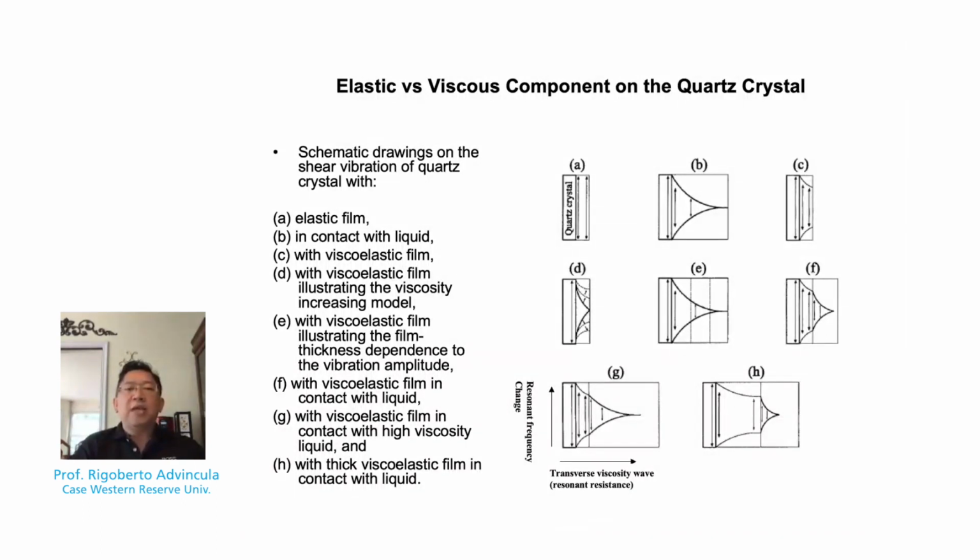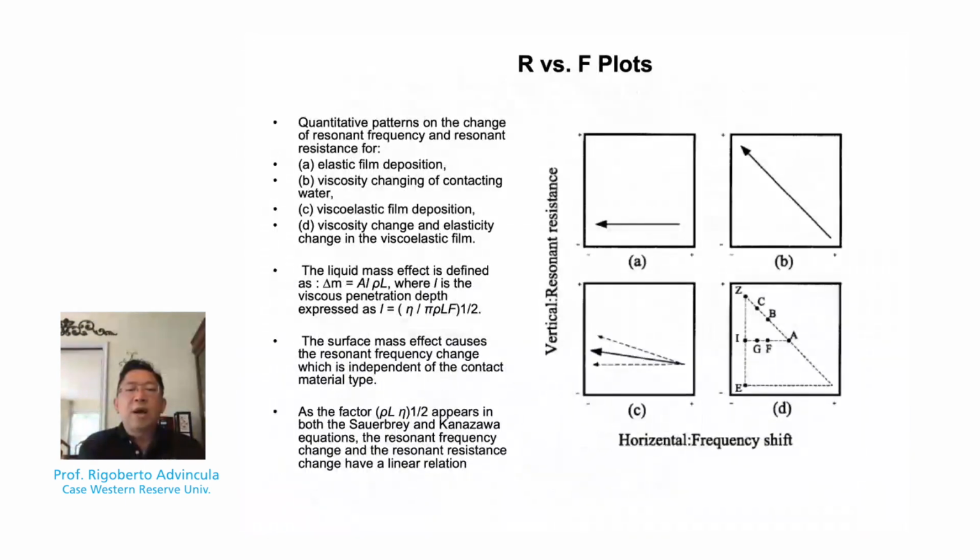So what we have here are basic plots where we take the resonant resistance R, which is again measurable, versus the x-axis, which represents the frequency shift, enabling us to look at these various properties or lossiness of the film once deposited in the quartz crystal. So again, A, where you have a zero slope, represents an elastic film property.